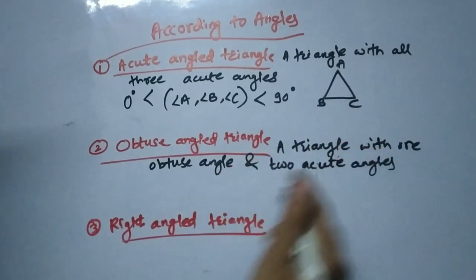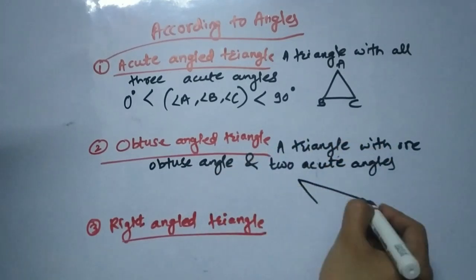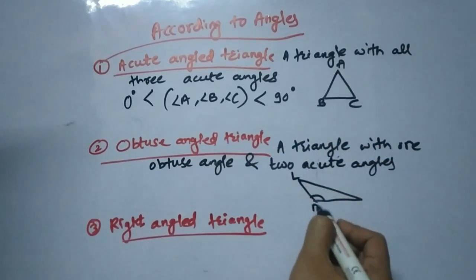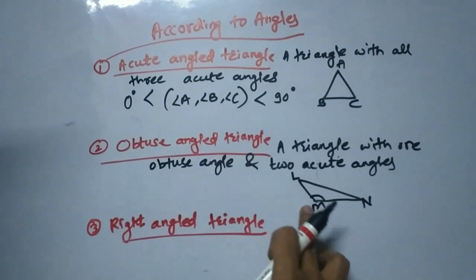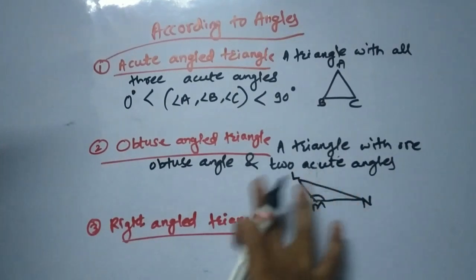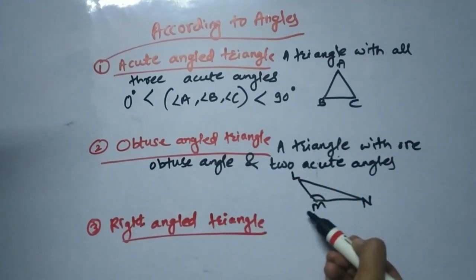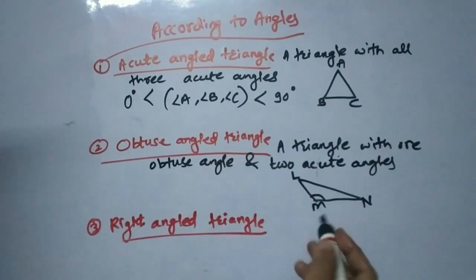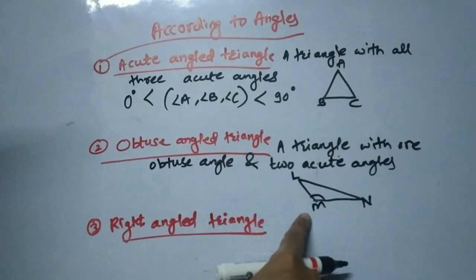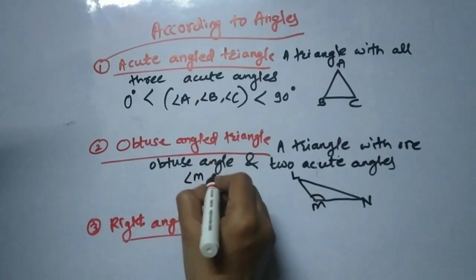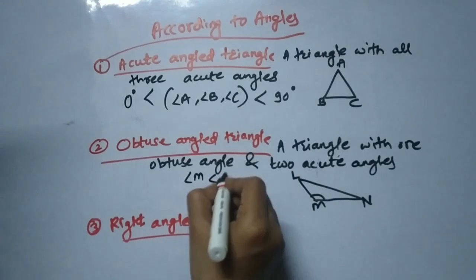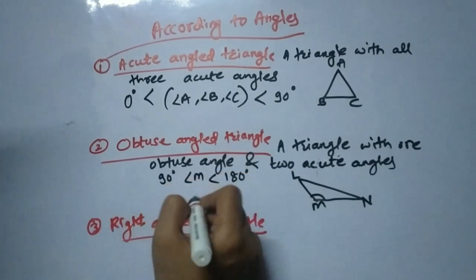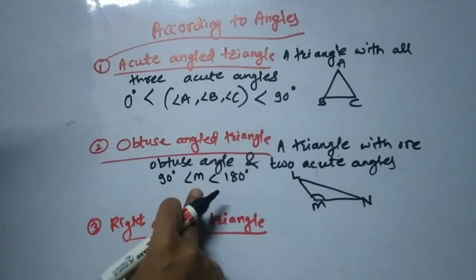So friends, for example, this is a triangle, and here is the angle LMN. Here you can see one angle is more than 90 degrees, means that is obtuse, and the remaining two should be acute angles. For example, here you can see this angle M. It is less than 180 degrees, but it should be greater than 90 degrees.